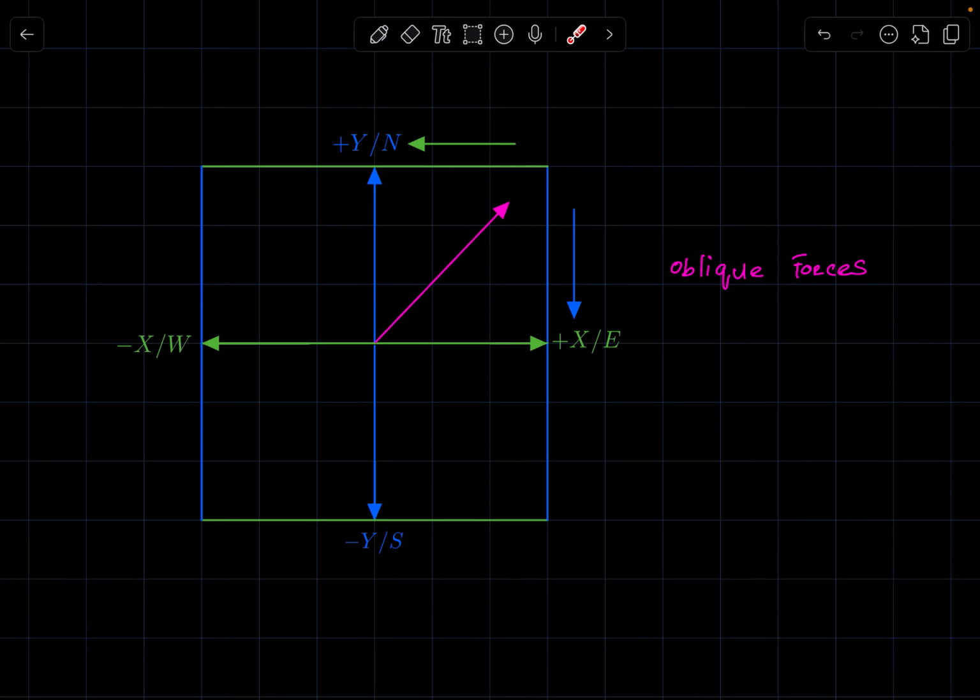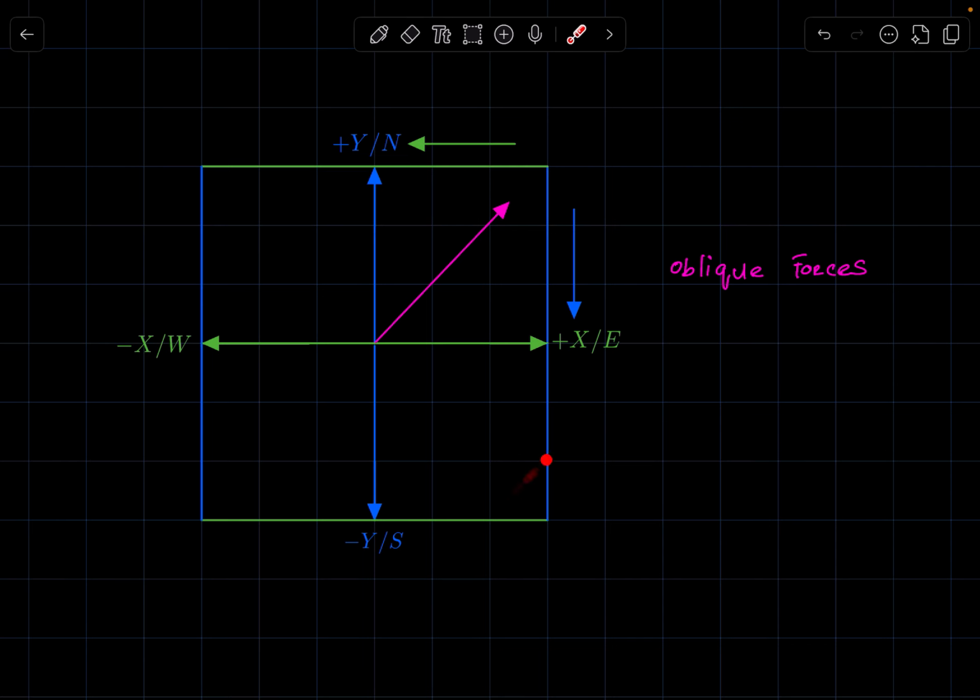The side of the x-axis that is positive we also consider as the east side in terms of direction, and the negative we consider as west. With the y-axis, the positive y-axis we consider as north, and the negative y-axis we consider as south in terms of direction.